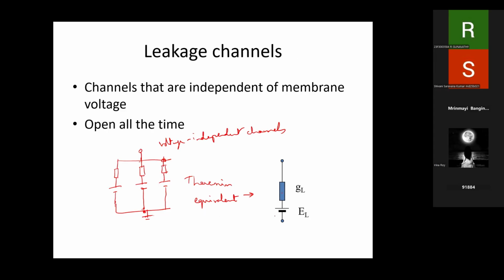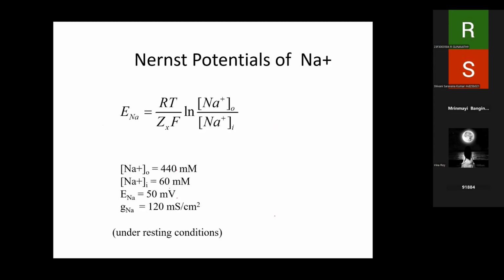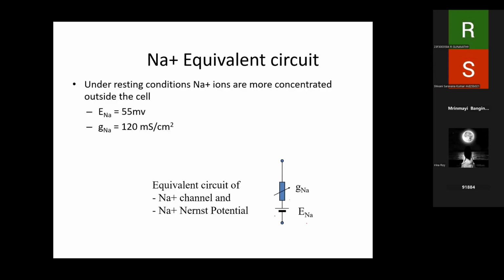Now, in a neuron, the key channels which produce the action potential and all this rich dynamics of electrical activity are these two channels, the sodium channel and the potassium channel. In this picture, we have drawn an arrow cutting across the conductance. What that arrow means is that the conductance is not a constant, it is time varying.